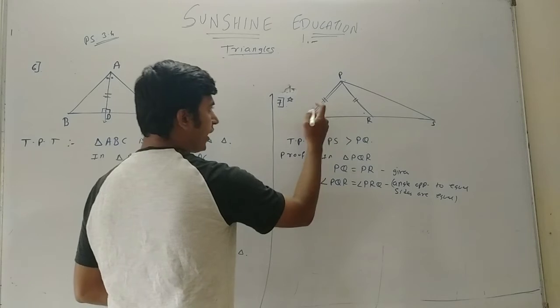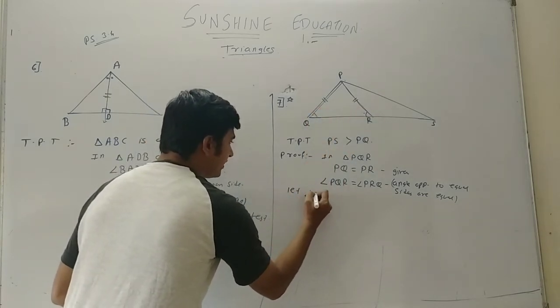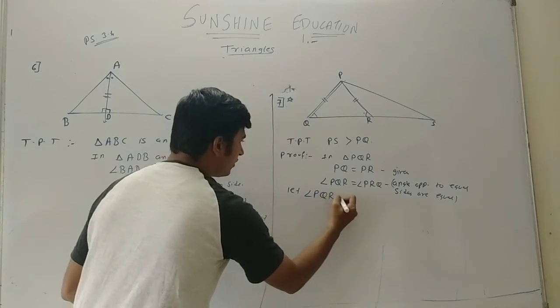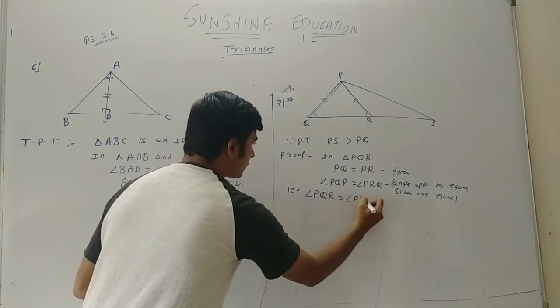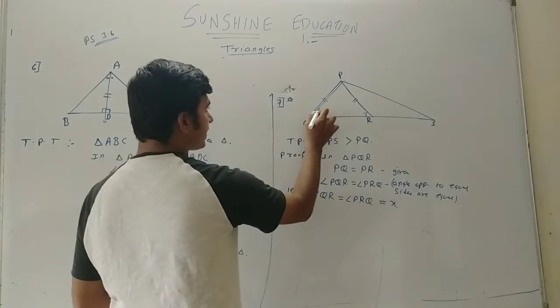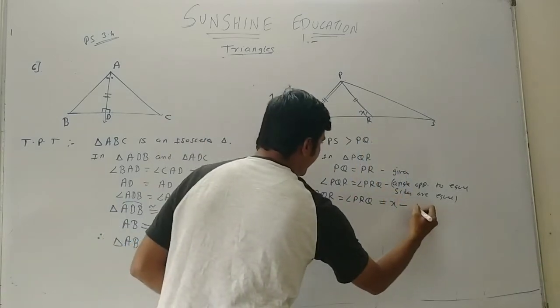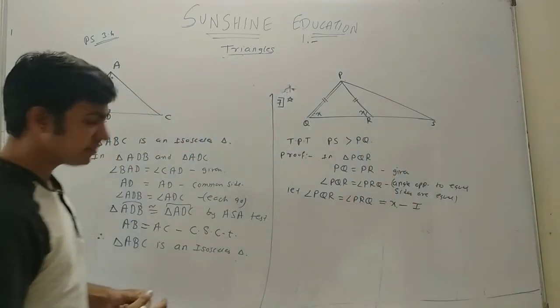So these two angles are equal. I will do one thing. Let these two angles, that is PQR and PRQ, be X. So I am taking this as X, taking this as X, and naming it as number 1.